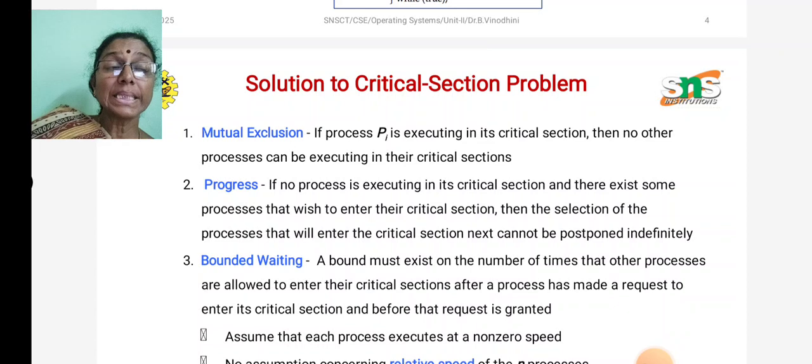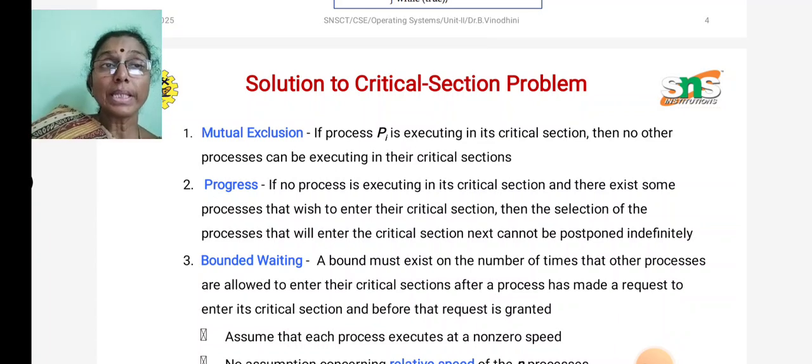We cannot exceed the limit of that wait for P2. So we allow P2 at some point, so that the bounded limit of the waiting of process P2 is not exceeded. That is bounded waiting.